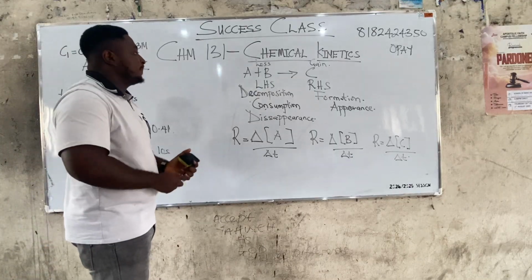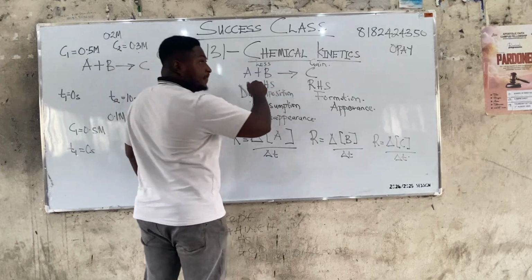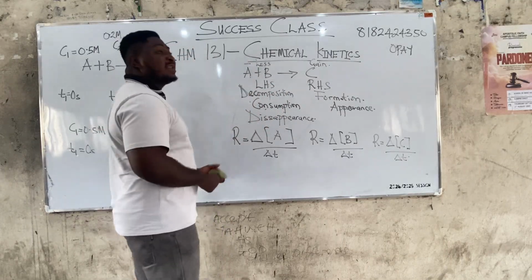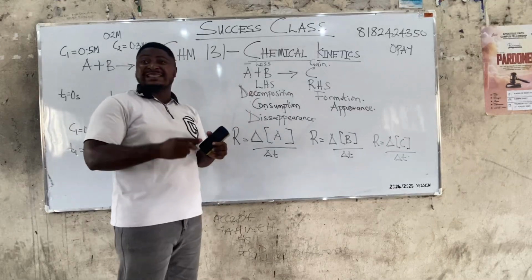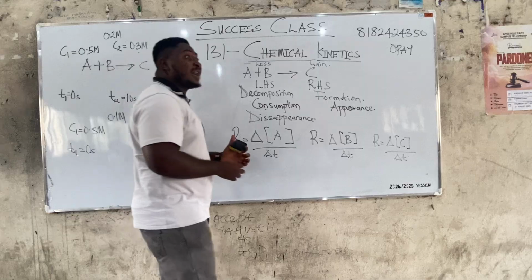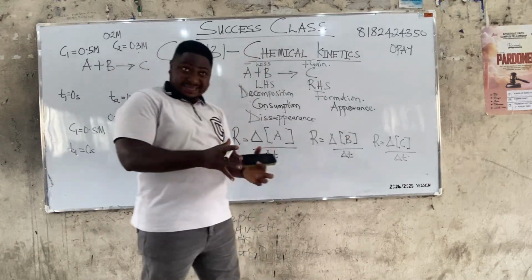Class, but there's one more thing. Remember I told you that there must be a loss here for there to be a gain here. So usually, if you calculate the rate of the reaction from the reactant side, attach a negative sign to show the loss, showing disappearance, showing decomposition. But if you calculate the rate of reaction from the product side, attach a positive sign to show the gain.